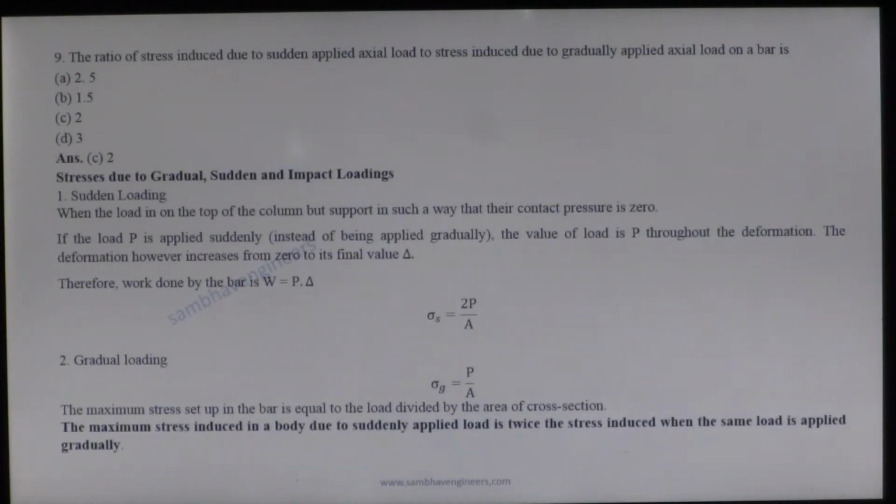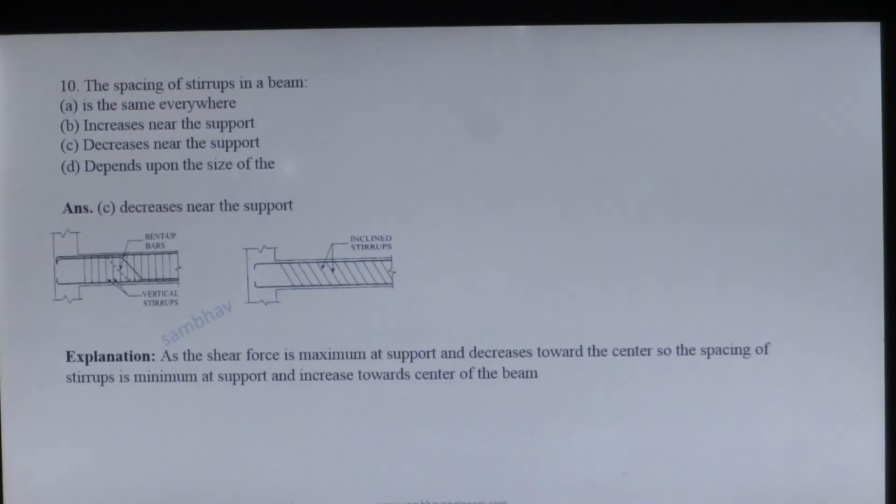Stress developed due to gradual loading, sigma_g, is equal to P upon A. So the ratio of stress due to suddenly applied load to the stress due to gradually applied load is 2.